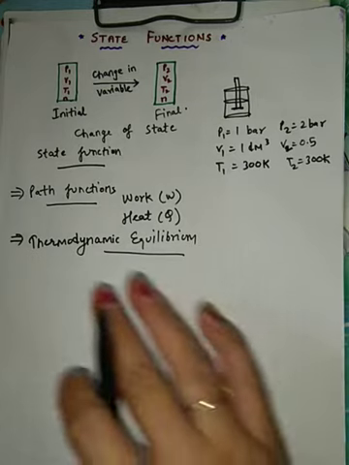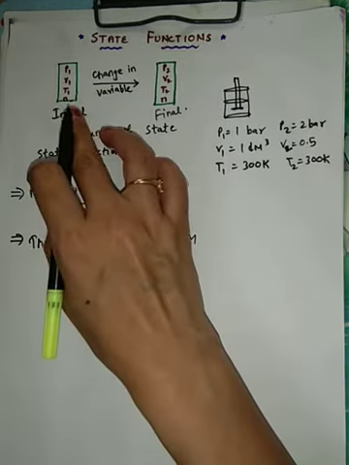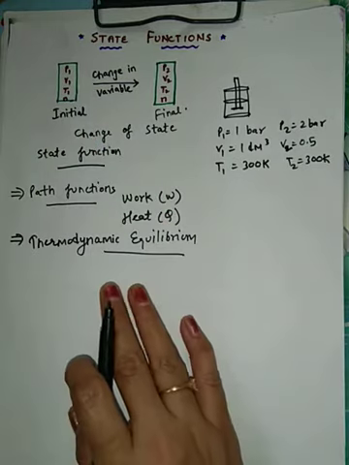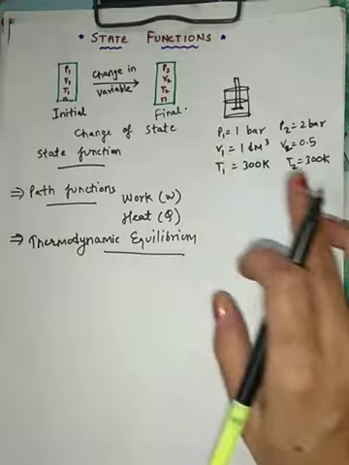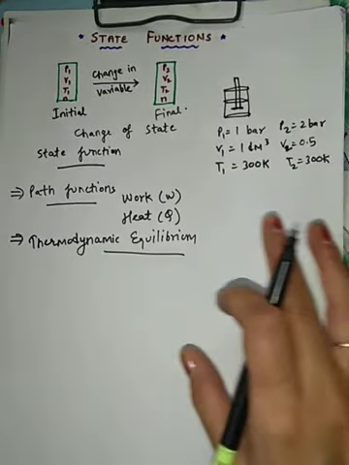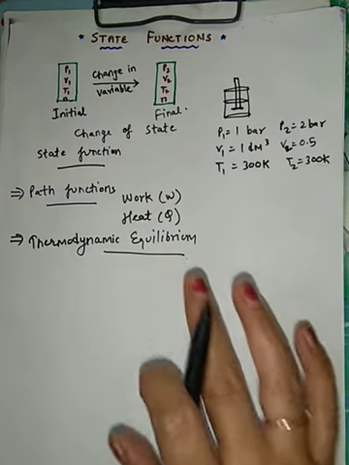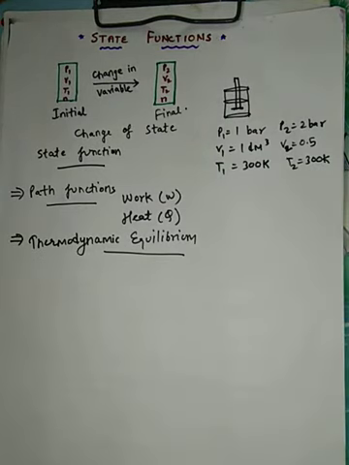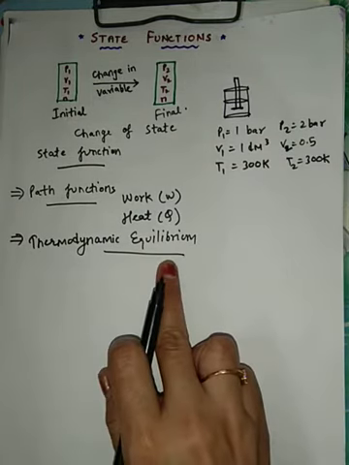Suppose there is no change in the state functions with time. अगर ये प्रेशर 1 ही रहता है, मतलब 1 बार ही रहता है. As time passes, pressure is not changed, obviously volume is not changed, temperature and number of moles not changed, means when the state functions do not change with time, the system is said to be in thermodynamic equilibrium.